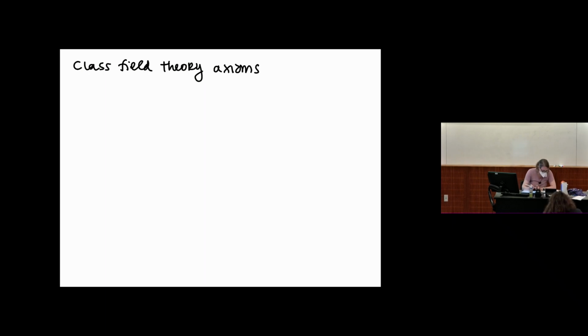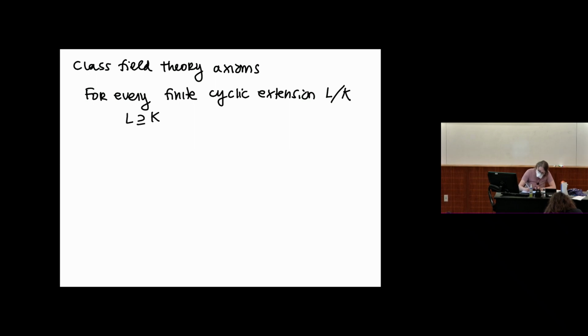Okay, you should have that for every finite cyclic extension L over K, right? And here we have L contains K, and this is all over the base field that we're working on.